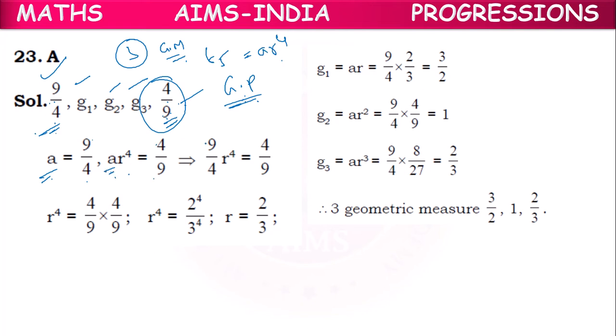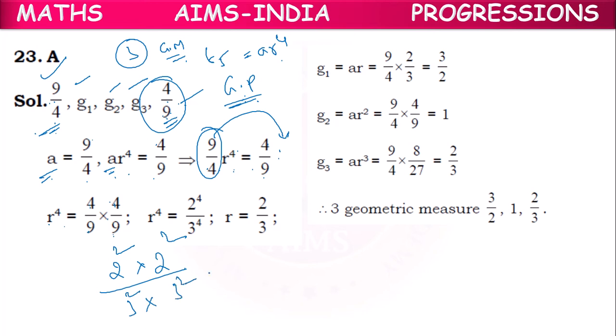In the place of A, we can substitute 9/4. 9/4 into R power 4 equals 4/9. This 9/4, if it comes to the right hand side, will become 4/9. So R power 4 equals 4/9 into 4/9, where 4 can be written as 2 square and 9 can be written as 3 square.